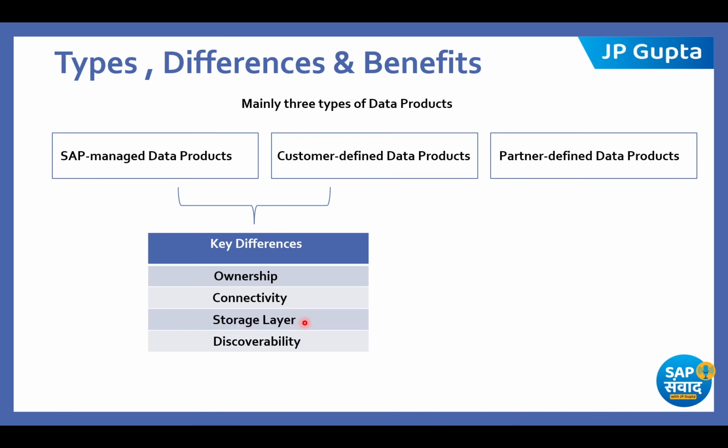When it comes to the storage layer, here we are using SAP BDC Foundation Services layer, and here it uses SAP Datasphere Object Store. Discoverability: published by SAP in Business Accelerator Hub or BDC catalog. And here, the customer needs to list and publish it into the catalog.